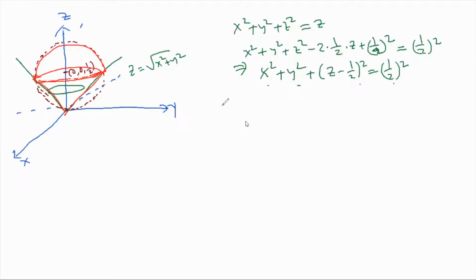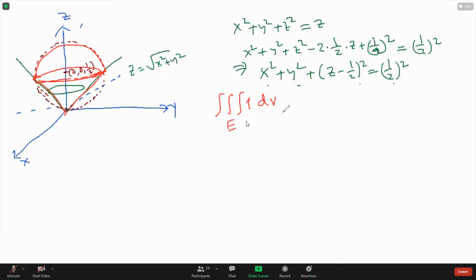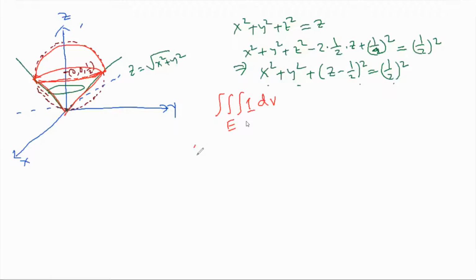So you want to find the volume of that. And now these things become easy if you do it in spherical coordinates. Okay, so the answer is going to be the integral of 1 dV over the region E. So now you have to figure out what that E is.